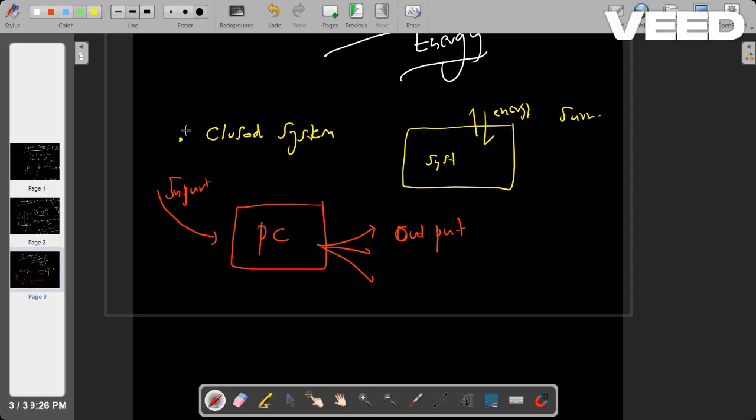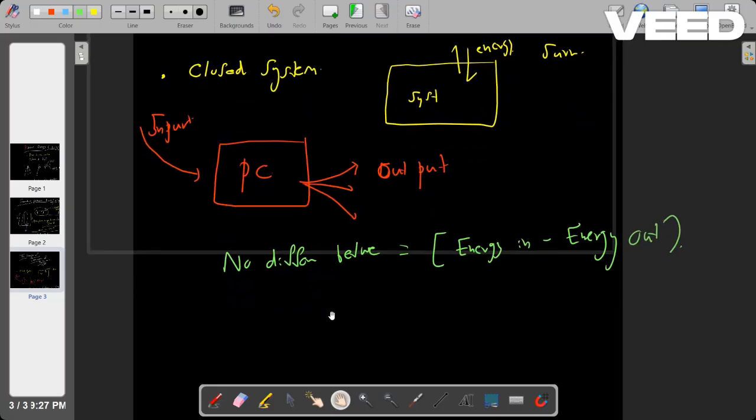So there's no difference between energy in minus energy out. You can tell about it in different ways.